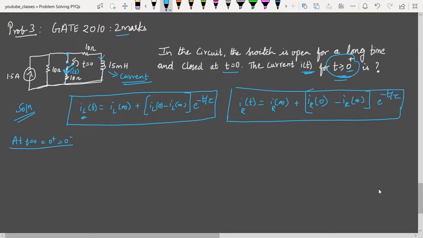At t equal to 0 minus, the switch is open, so I of t would be 0 because there is no current. But that is why they particularly gave t greater than 0 plus, because the resistor has no transient response. So the 0 plus is our hint.